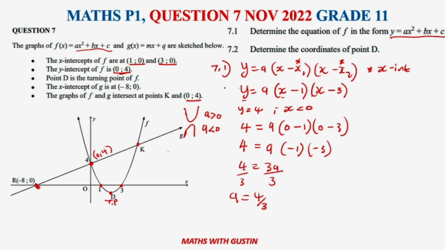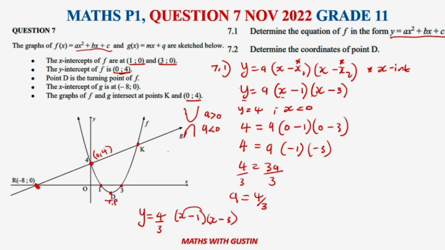Therefore our equation is y equals 4 over 3 times (x minus 1)(x minus 3).